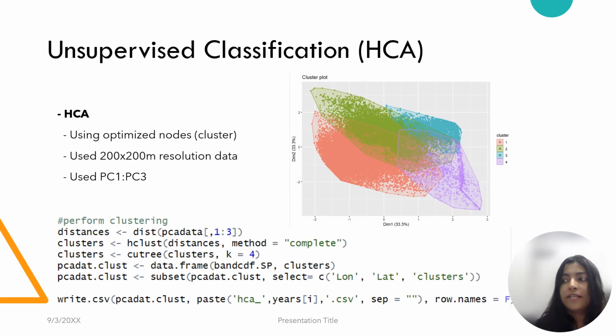The next classification method is HCA. We used the same optimized node number from the K-means method, to keep the analysis consistent. HCA is a really computational resource exhausting method, especially for a large dataset, so we used a 200 by 200 meter resolution to reduce the data size and performed a separate PCA on it, which we used in this classification.